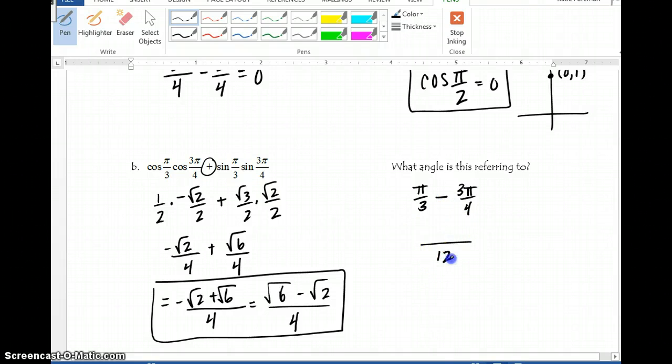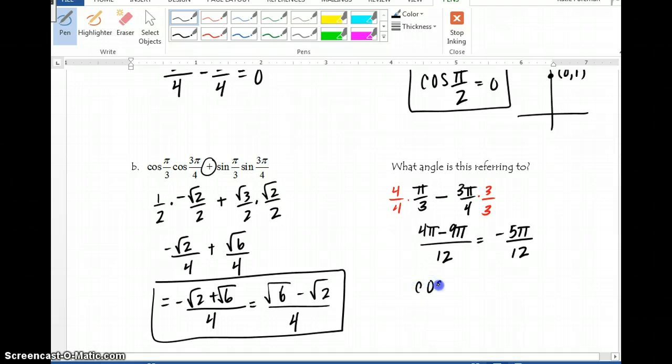Common denominator is 12. 4 times 3 gives us 12. Multiplying this fraction by 4 over 4, this fraction by 3 over 3. So we get 4 pi minus 9 pi over 12. That gives us negative 5 pi over 12.